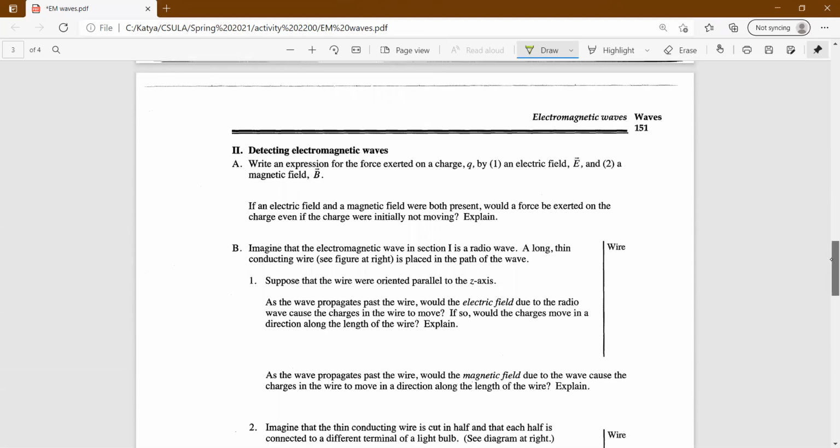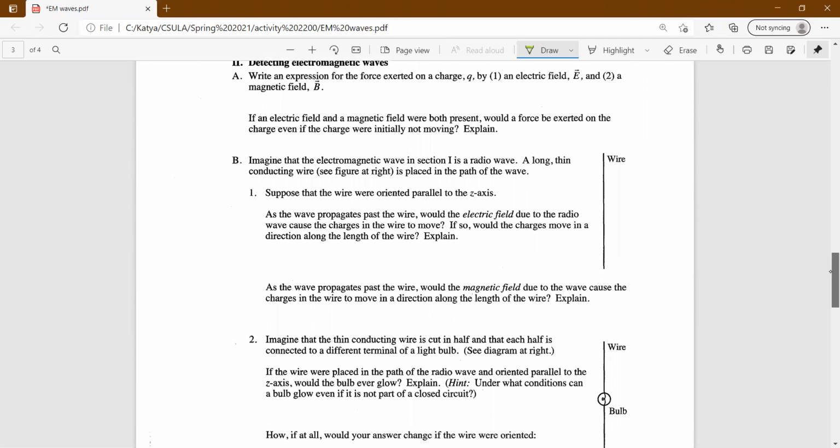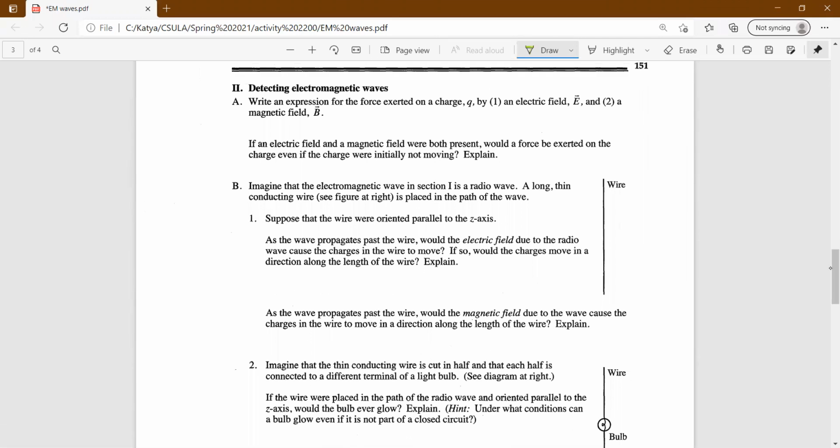Now, guys, about the wire. There are a couple of questions about the wire and detecting electromagnetic waves. Well, it's not very obvious. They draw the wire vertically, right? But in the description, they tell us that the wire is placed along, I think, the z-axis.